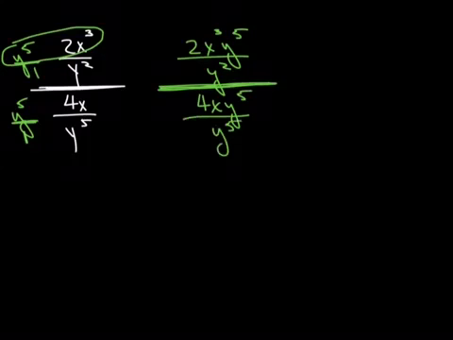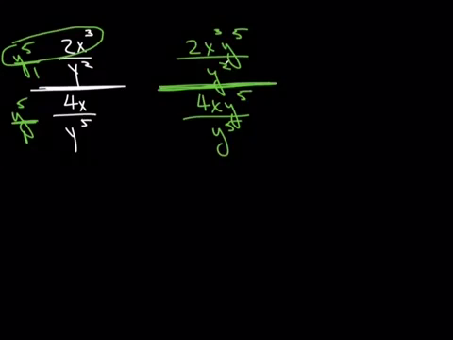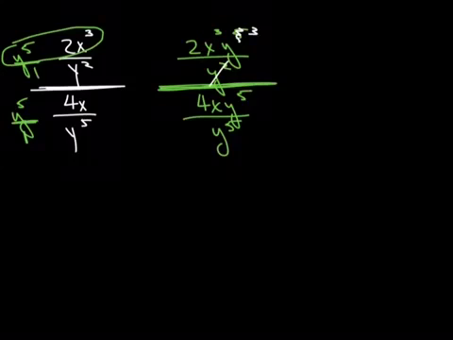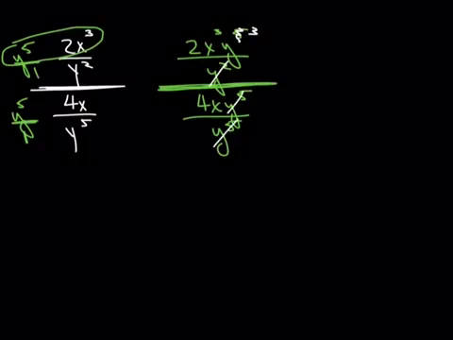Alright, now I can cancel. Notice I can cancel 2 of these y's with 2 of these, and that leaves me y cubed up here. And I can cancel all 5 of those with all 5 of those. So I'm left with 2x cubed over 1, because there's nothing there, so I'm not even going to write the over 1, over 4x.